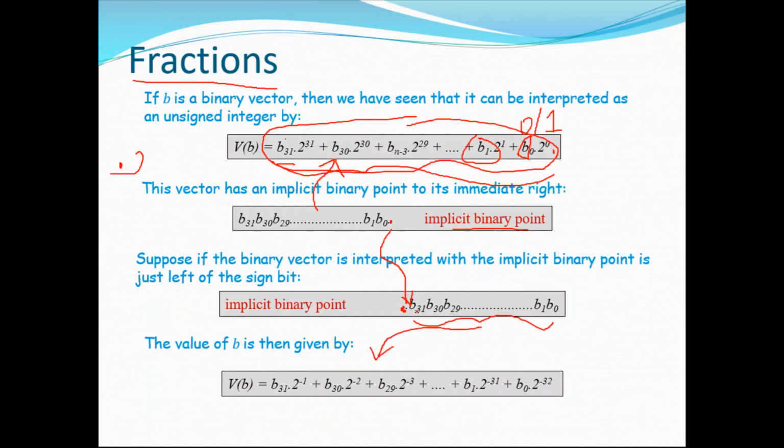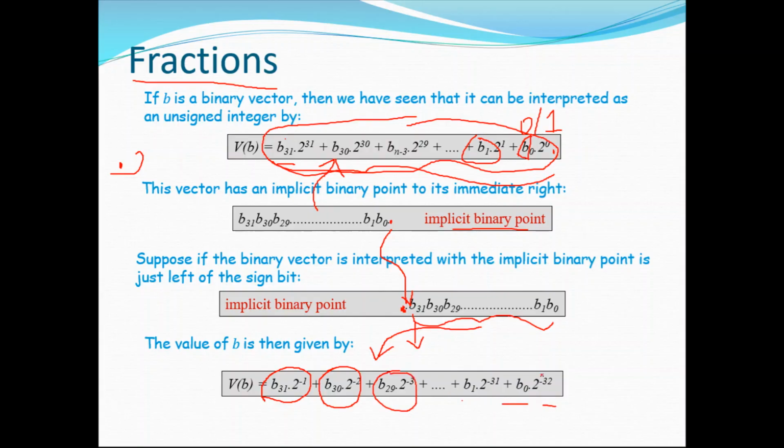The first binary value which comes after the binary point should be multiplied with 2 to the power minus 1. The next will be multiplied with 2 to the power minus 2, next with 2 to the power minus 3, and so on and so forth it goes.